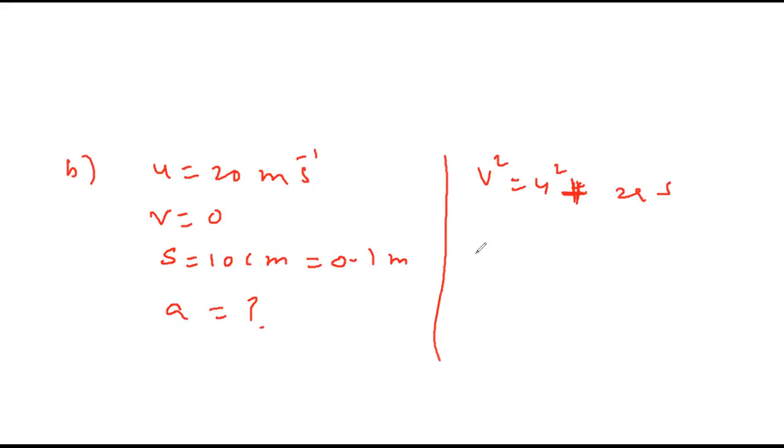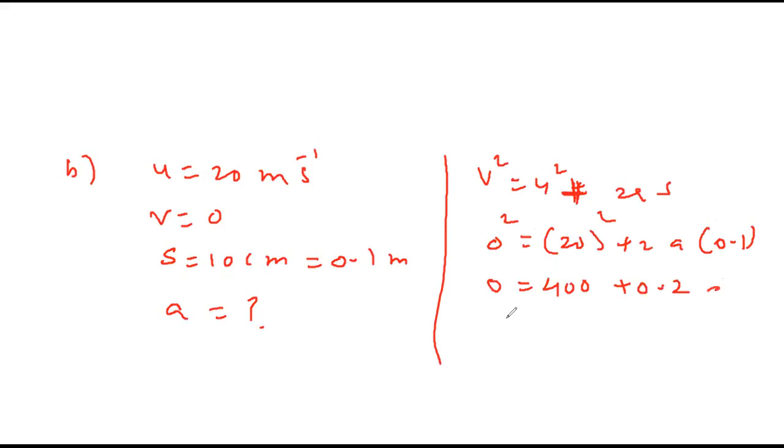Yes, sir. Solve, tell the correct answer. Sir, minus 2000 meter per second square. Minus 2000, correct.